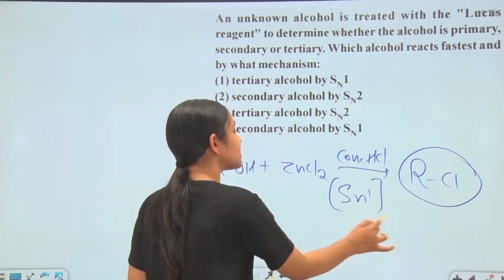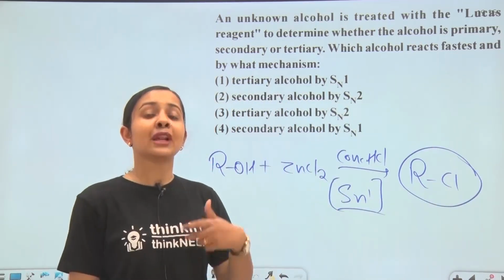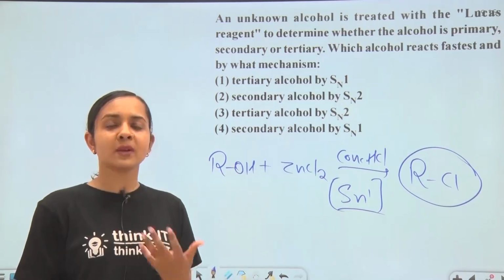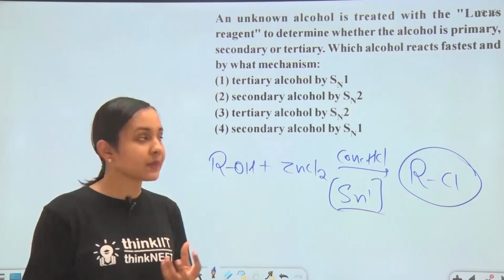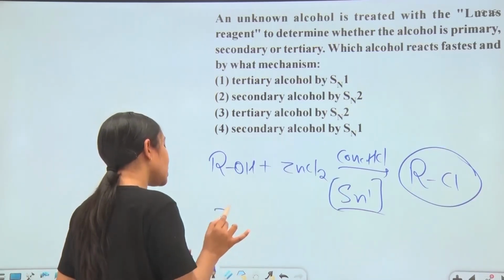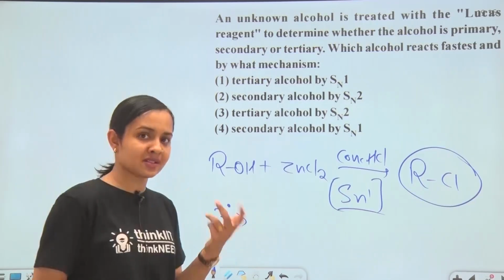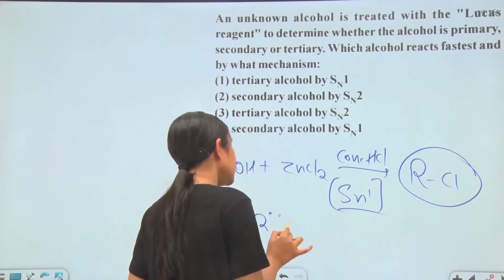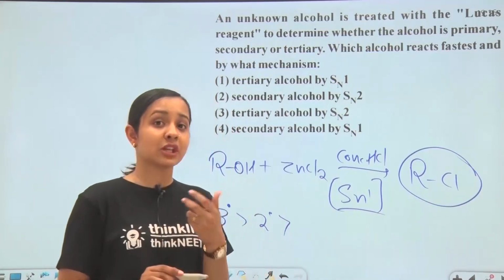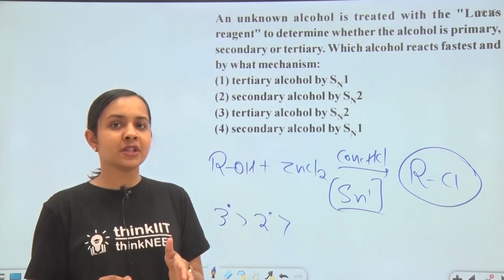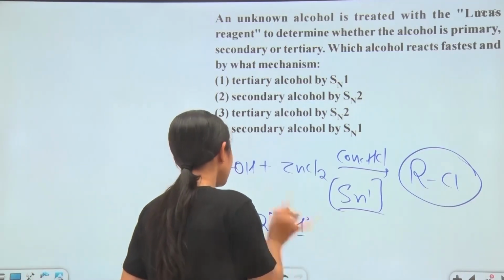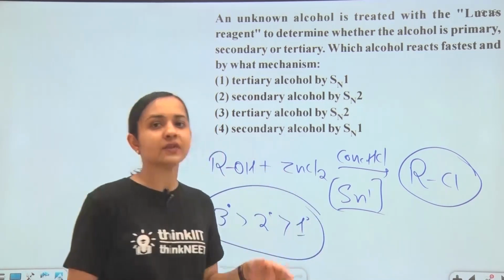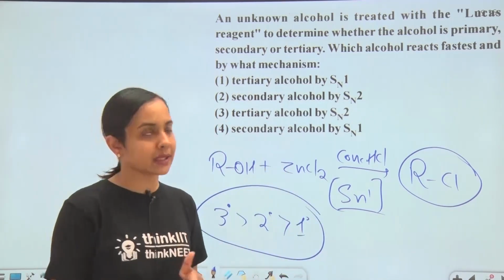So because the reaction proceeds by the SN1 mechanism, the alcohol which can form the more stable carbocation will give us turbidity immediately, right? So 3-degree alcohol reacts at the fastest rate, then secondary alcohol, and primary alcohol will not give us turbidity, and it will give us turbidity after heating for 30 minutes, right? So basically this is the correct order of alcohols to react with Lucas reagent.